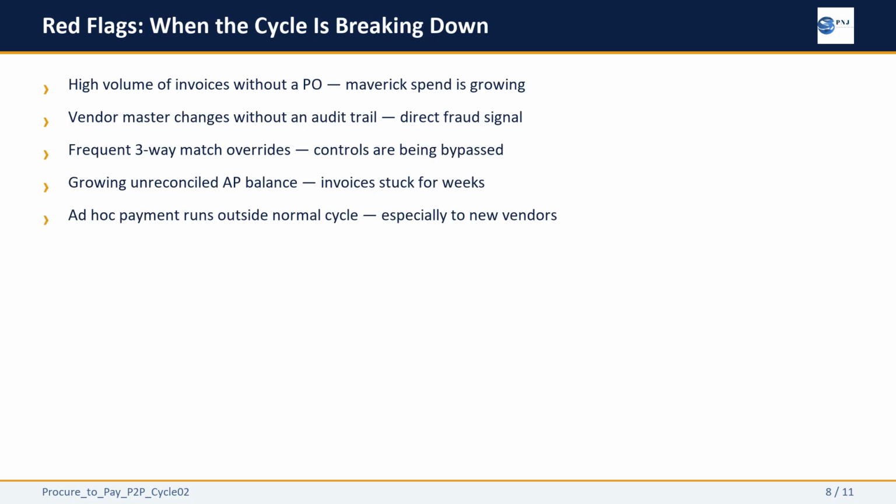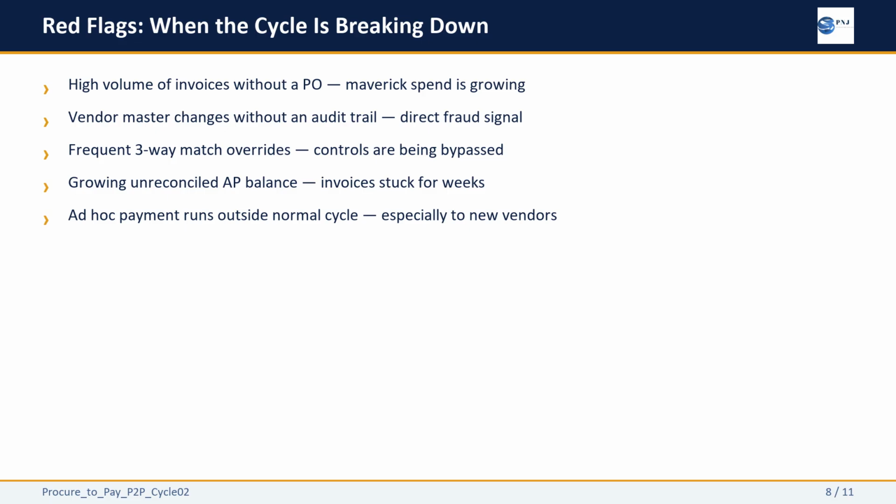Red flags are the observable symptoms that appear before a problem becomes visible in the financial statements. A high volume of invoices without POs means procurement discipline has broken down. Vendor master changes without documentation are a direct fraud signal. If you cannot see who changed a bank account and when, the vendor master has been breached. Frequent three-way match overrides mean the control is being bypassed by the people responsible for enforcing it.